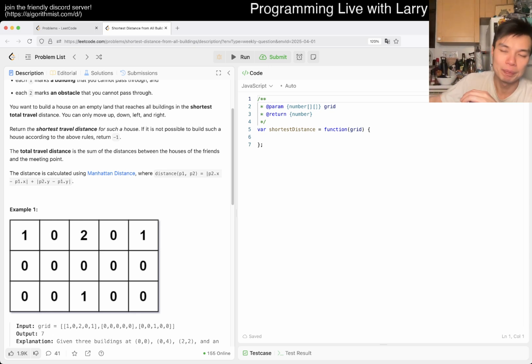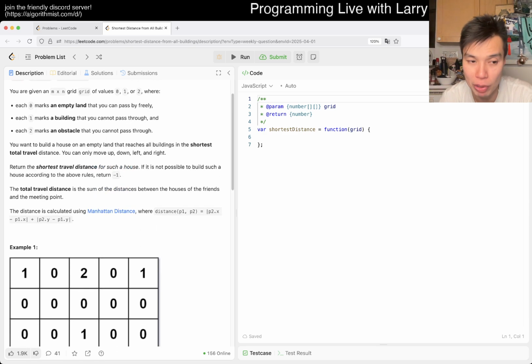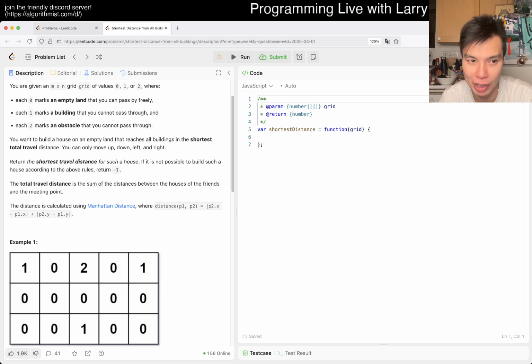By the exchange argument you can go left and right. But the only thing that is a little trickier is that you cannot always build on the median, because there may be a building or an obstacle there. So that might not be the answer.